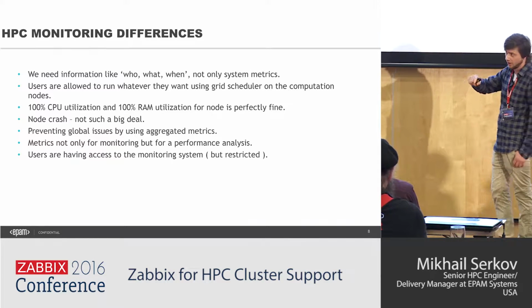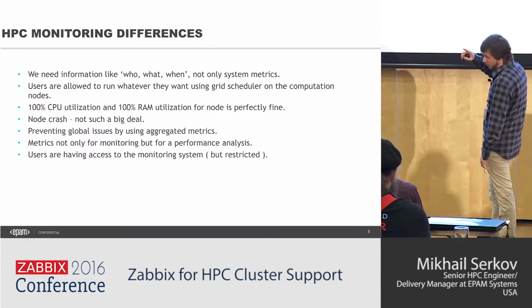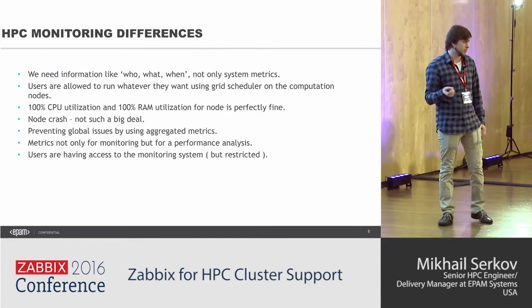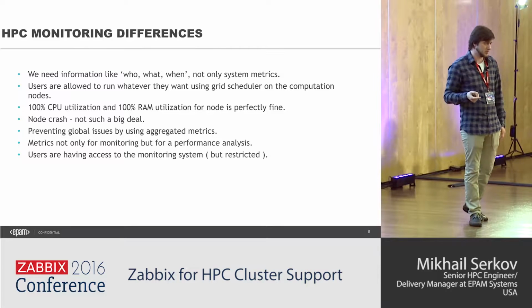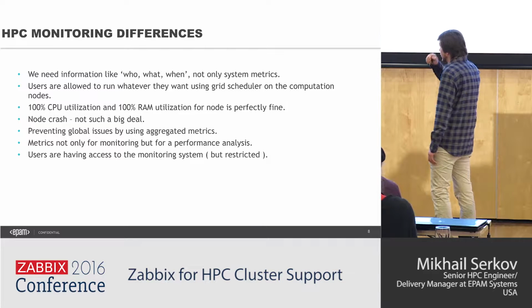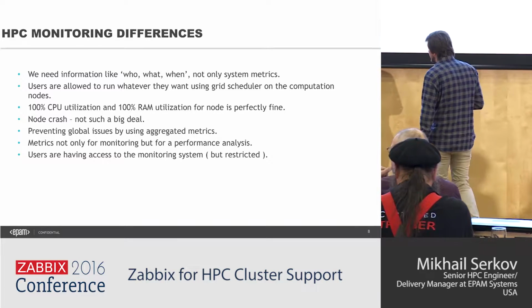We have aggregated graphs that I'll show you a little bit later, and you can understand what's going on just by looking at the graph. So most of the time we use Zabbix not in the dashboard, but in screens. We have a lot of different screens for understanding issues. And also huge ones.